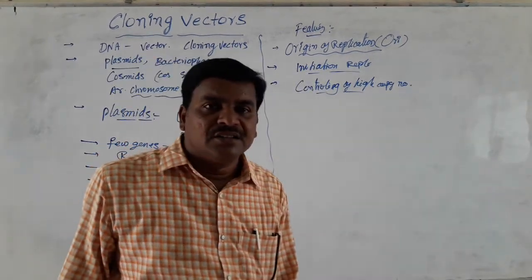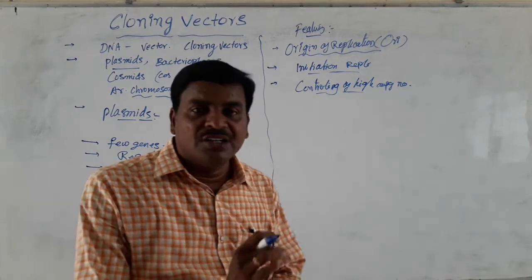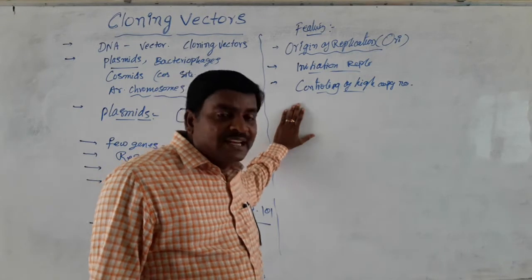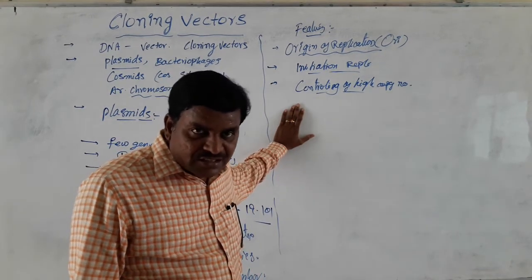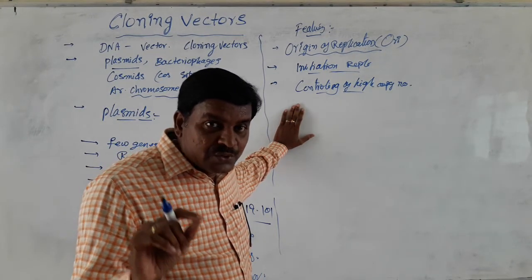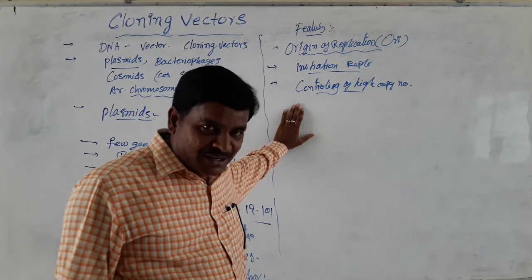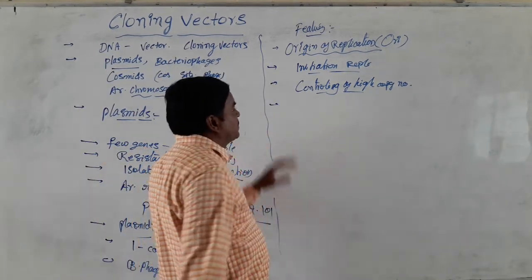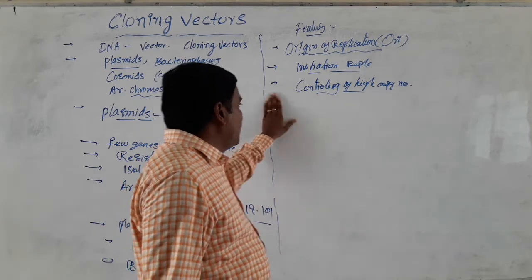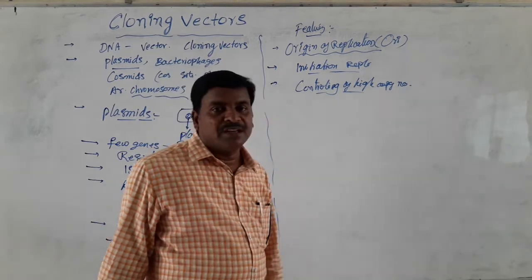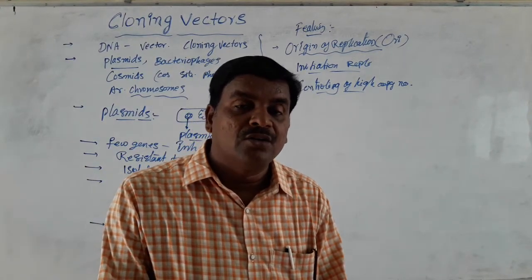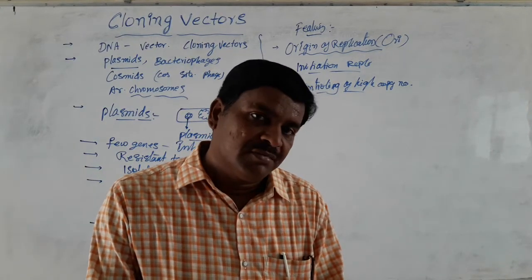If we want to produce several copies of desired genes, we must ligate this desired gene with the ORI whose sequence supports high copy number. So ORI is responsible for the origin of replication as well as for controlling high copy number.